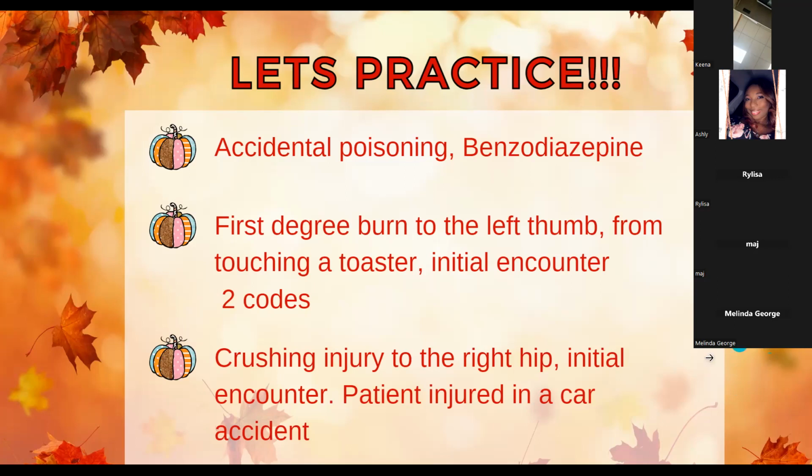All right, so crushing injury to the right hip, initial encounter. I'm going to start real easy with that one. So we'll find that in our alphabetic index and then go from there.